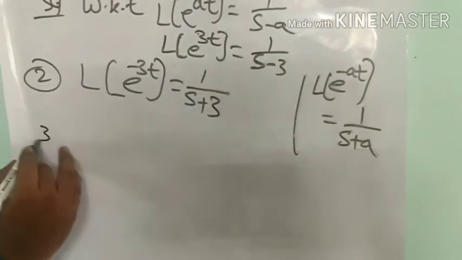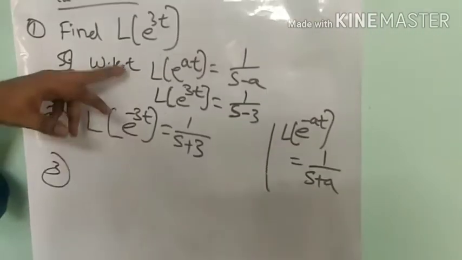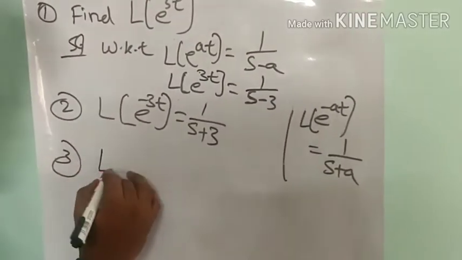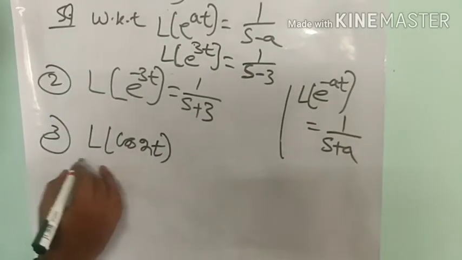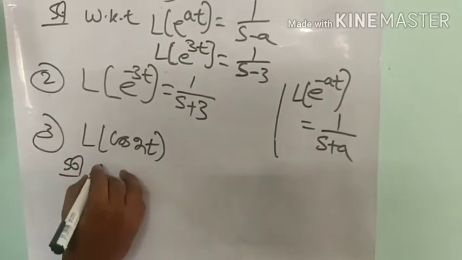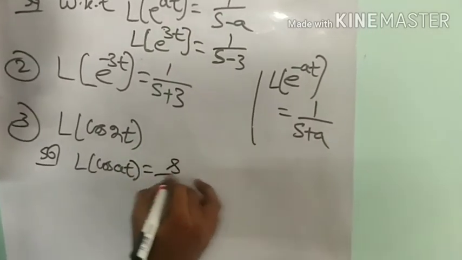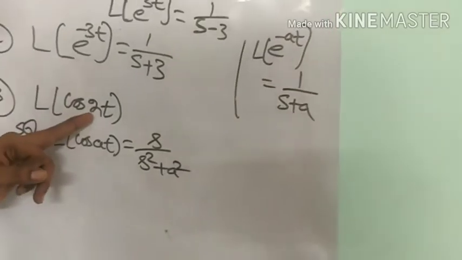Next. These two problems are based on exponential formulas. Now go to the third one. Sometimes they'll ask Laplace of cos 2t. You know the Laplace of cos at formula, which is s by s square plus a square. What's the a value? 2.